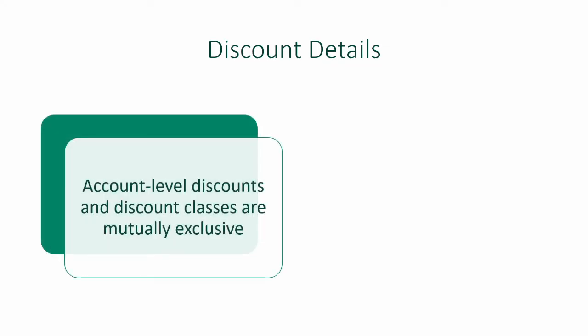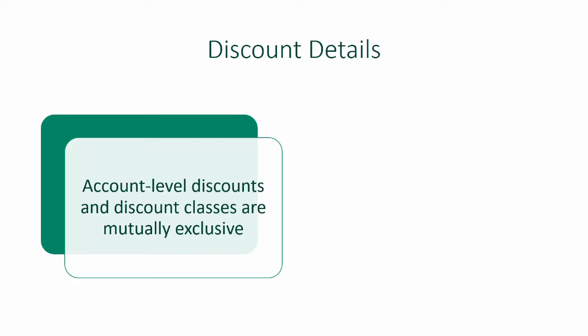Let's talk about how discounts interact with each other. First, account level discounts and discount classes are mutually exclusive. The same account in Siteminder cannot simultaneously have a discount class and an account level discount applied to it. If you assign an account level discount to an account that already has a discount class, it will remove the discount class.